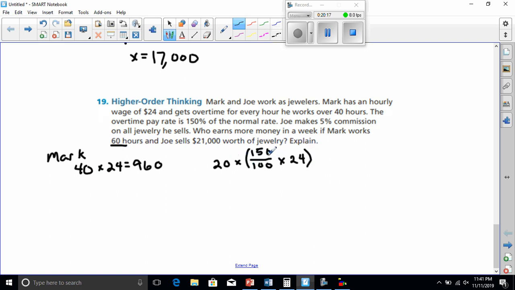So we're starting here with 24 times, well, we multiply this by 150 and divide it by 100, or I could just say I'm going to multiply 24 times 1.5. This is equivalent to moving the decimal two places. So this would be 1.5 times 24.